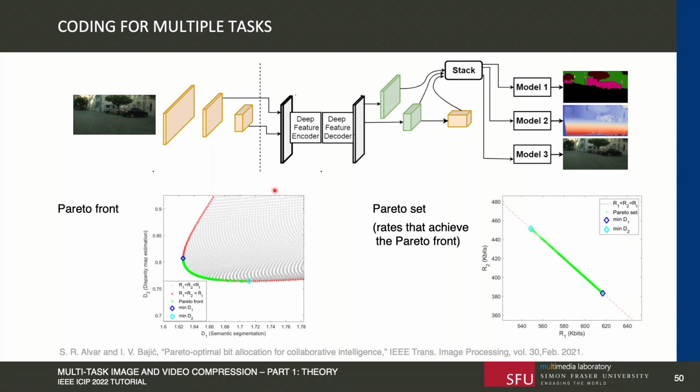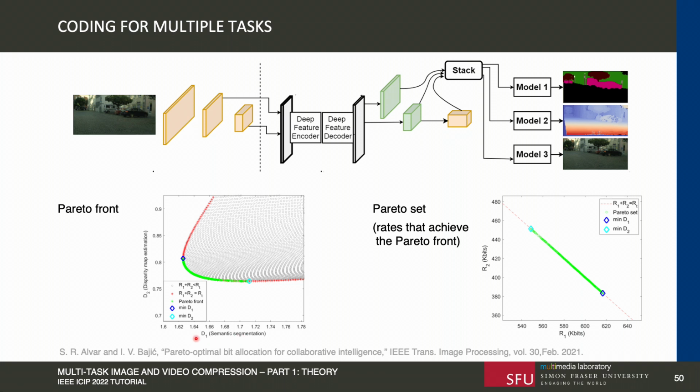What's shown here in the bottom left plot are the operating points in the distortion plane. We're showing distortion of task 1, which would be semantic segmentation, and normally segmentation distortion is something like intersection over union, but remember that we've mapped them to that common percent reduction type of distortion.